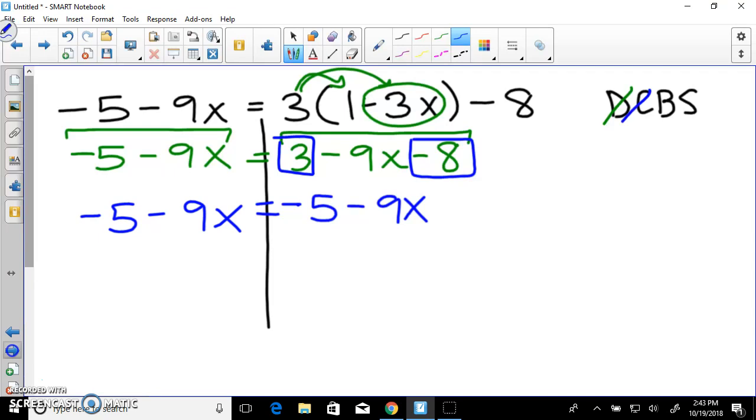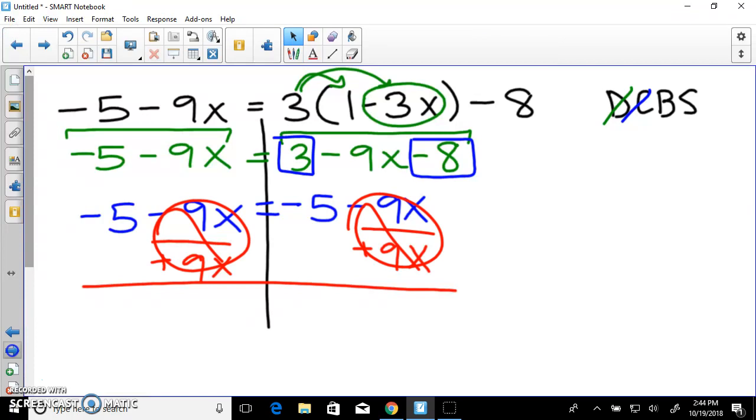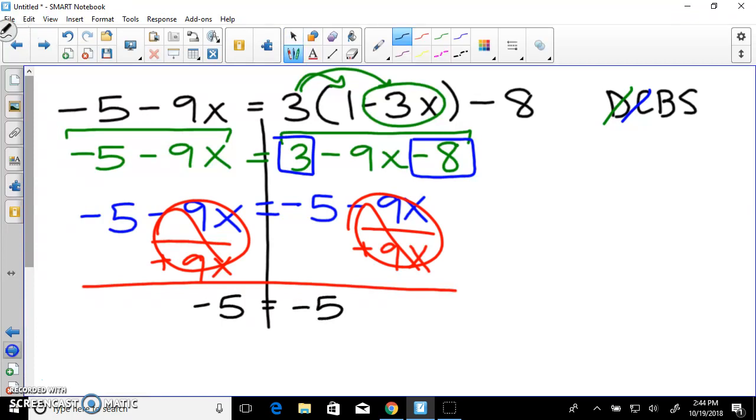All right. Bring all variables to one side. Sure. I've got negative 9x, negative 9x. Let's bring one of those over. So I'm going to add 9x, add 9x. I feel like something weird's going to happen. That's a zero pair. Isn't that a zero pair also? So let's see what we're left with. We're left with negative 5 equals negative 5.